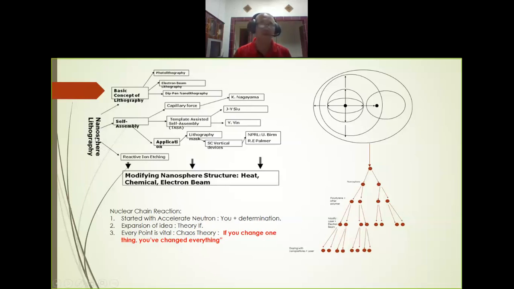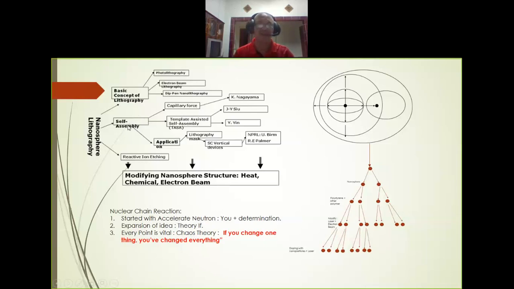So from nanosphere lithography, I know about lithography. I need to look at the basic concept of lithography. I need to look at photolithography, electron beam lithography, deep UV lithography. Of course, from photolithography, we can see so many things that can be related to it. The same goes with electron beam and deep UV nanolithography. Maybe we need to find who is looking into it.